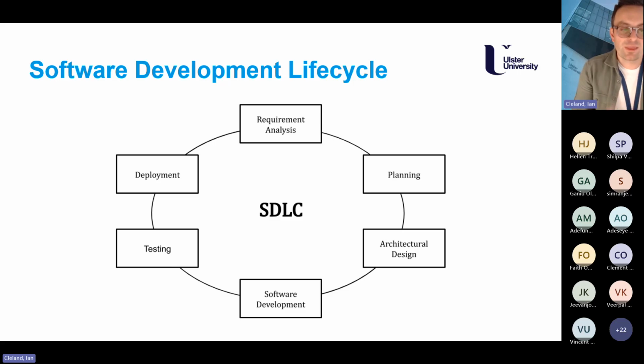So again, we'll be thinking about requirements gathering and analysis, maybe planning what that design might look like, designing what the architecture of the system or solution might look like, doing the software development part and how we manage all of that software development with maybe something like Git being in there to manage the different versions of our software.